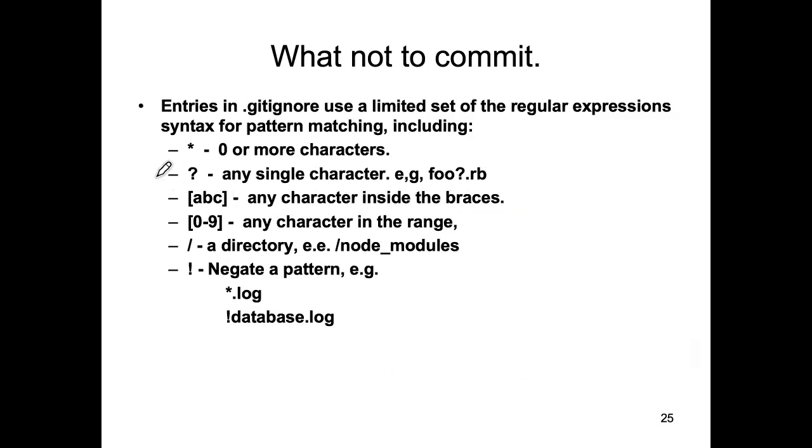To express what you want omitted, there's a certain amount of regular expression syntax that you can use, if you're familiar with regular expressions from other aspects of computer science. There are wildcard characters you can use, and I'm just listing some of the parts of the syntax that we can use within our .gitignore.